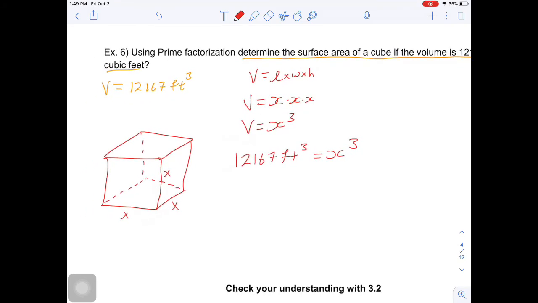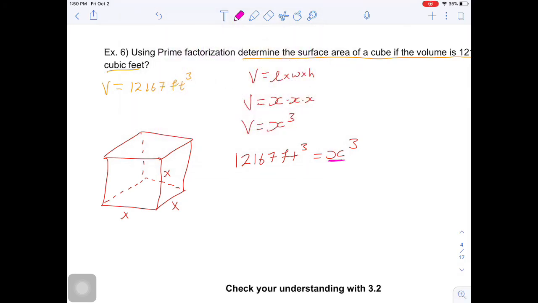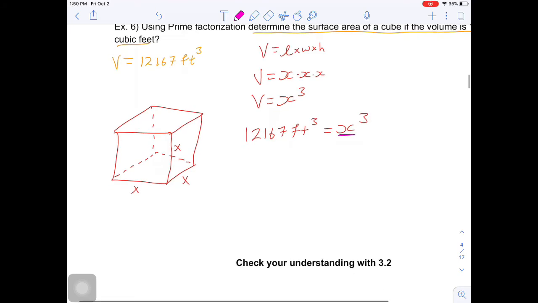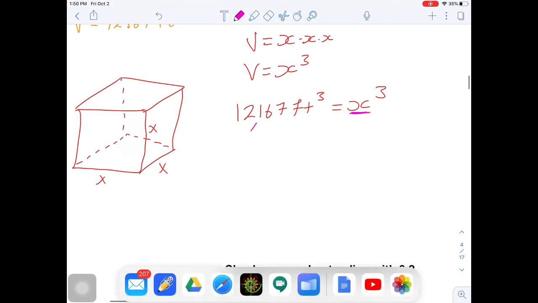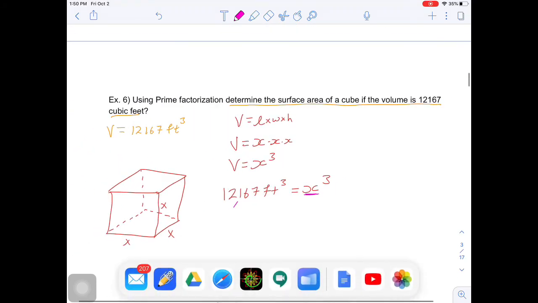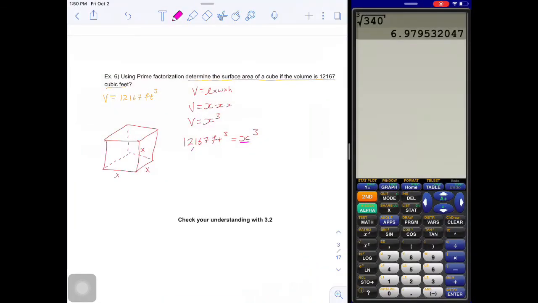And now that it equals x cubed, we can determine the side lengths, because we're going to see if this thing's a perfect cube, which I'm going to assume it is. So let's prime factorize this thing. This looks like kind of a hard number to divide by any number, so let's hope it divides by some number here. So let's start here.